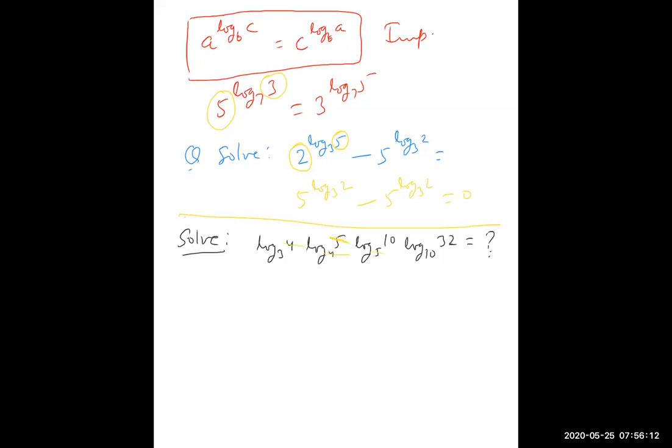This 5 will cancel this 5. This 10 will cancel this 10. Or if you want to write in the long way, you can write log 4 upon log 3, log 5 upon log 4, log 10 upon log 5, and log 30 upon log 10. So that's what I told. They will cancel out each other. This is cancelling this log 4, log 5, log 10. So this is log 3 30.